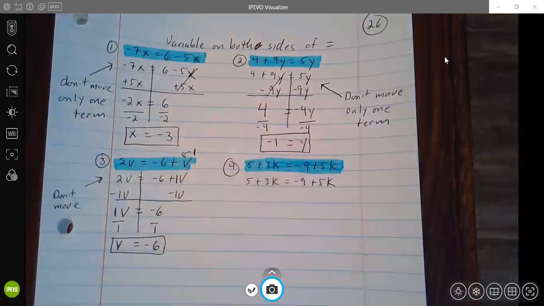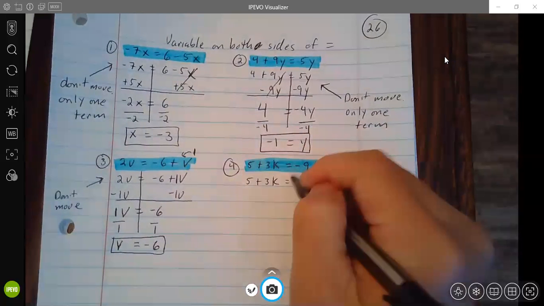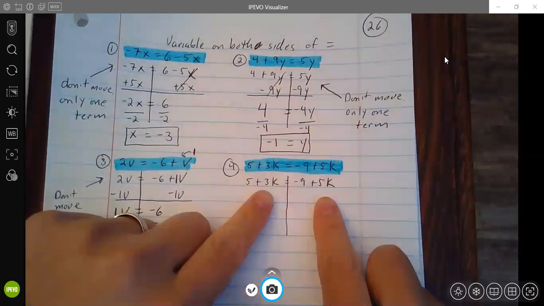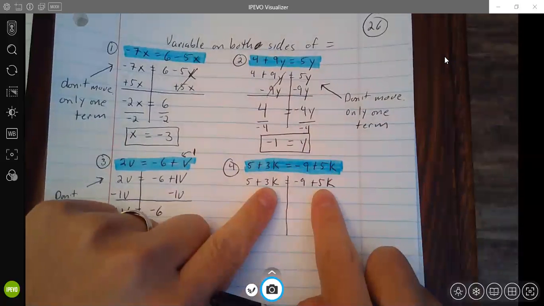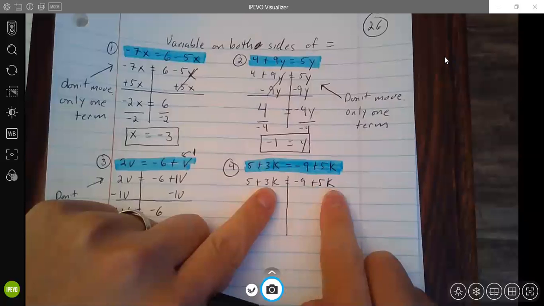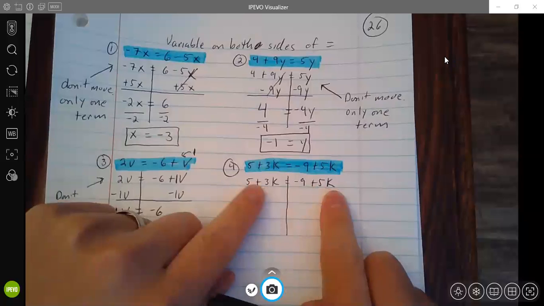On ones like this, notice if I draw my line down the equal sign, with both the k's, the 3k and the 5k, I can move either one of them. Move the 5k, there's still that negative 9 there. If I move the 3k, there's still that 5 there.